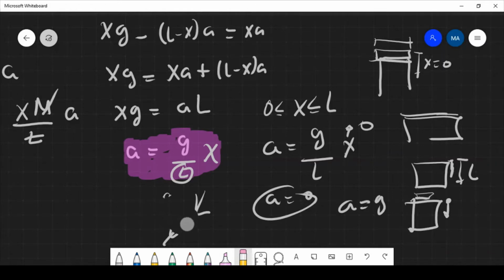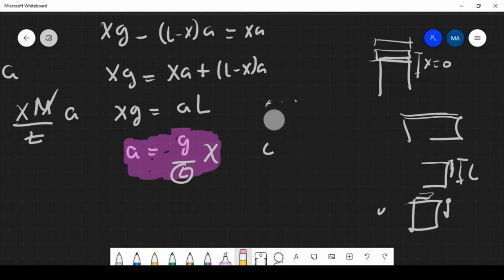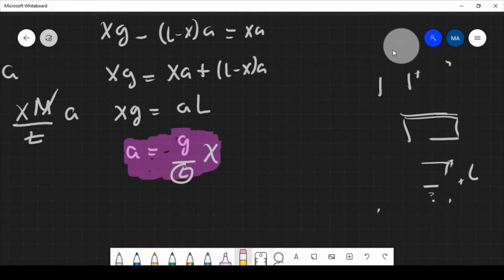So now we want velocity. So how can we find this? For finding the velocity, we need to understand better what that is. One second, I think it's going slowly.